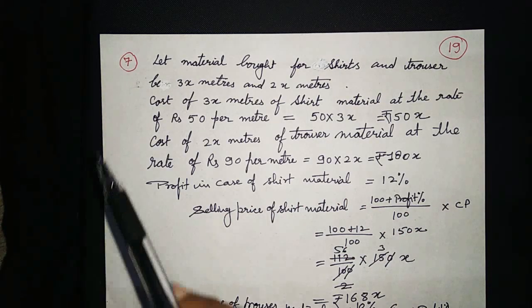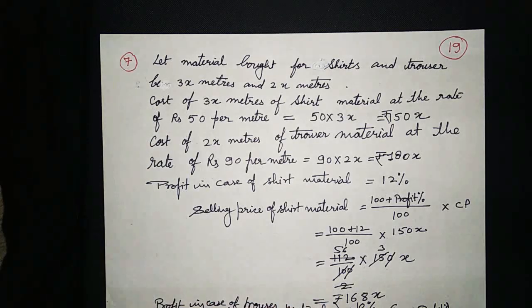See question number 7 in your book very carefully. Question 7: Hassan buys 2 kinds of cloth materials for school uniforms, shirt material that costs him ₹50 per meter and trouser material that costs ₹90 per meter.